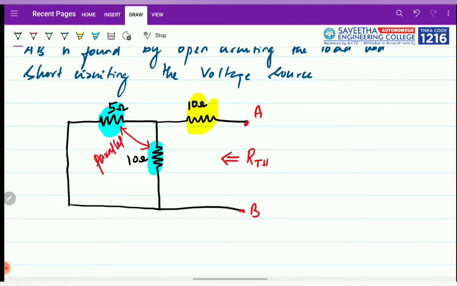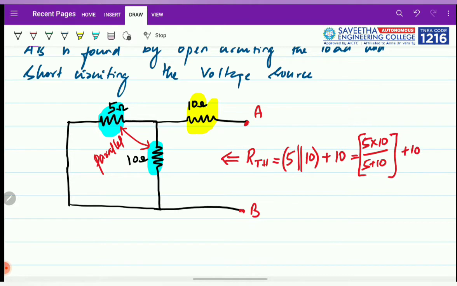So it is very clear, we can directly write the formula in order to solve it. That is 5 is in parallel to the 10 ohm resistance, and in turn that is in series with this 10 ohm resistance, right? So let us substitute and find the answer. 5 into 10 divided by 5 plus 10, plus 10.